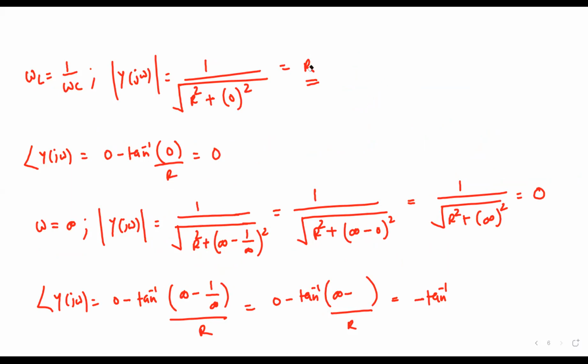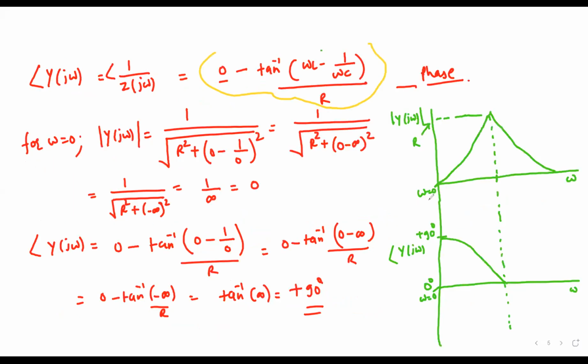Since 1 over infinity is 0, it's going to be minus 90 actually. So we see here the phase is shifting from plus 90 to 0 to minus 90 right here.